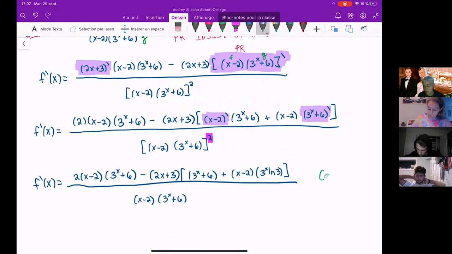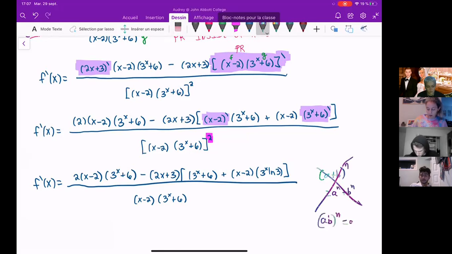Can I do a plus b to the power of n is equal to a to the n plus b to the n? Are you sure? No. I am not allowed to do that. That is not okay. Can't distribute powers in addition, but if I have a times b to the power of n, can I do a to the n times b to the n? Yes. So that 2 right there, I can actually distribute to the inside.